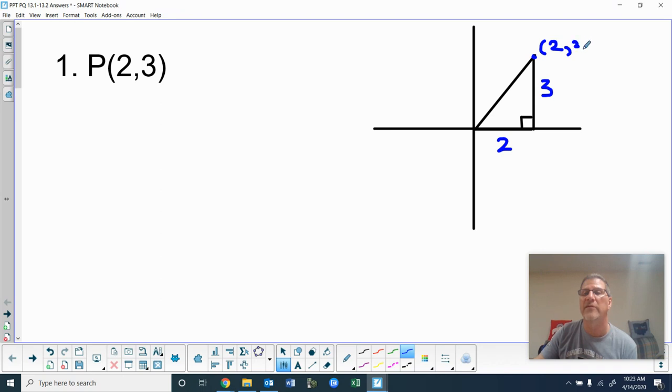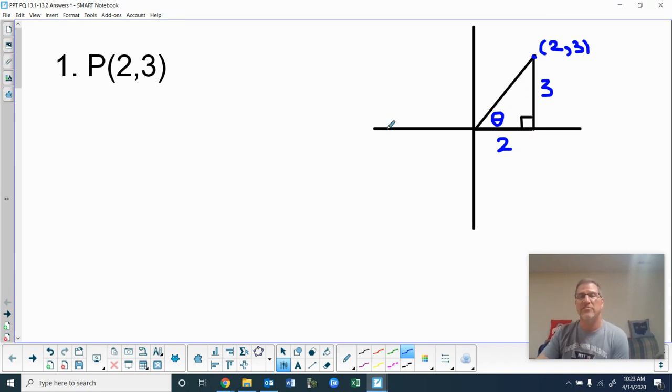From that point, we draw a line back to the origin for our hypotenuse, and then this way's 2, this way's 3. There's our right angle. Always put your right angle there. Theta will always be back there by the origin. That's our reference point, our reference angle.